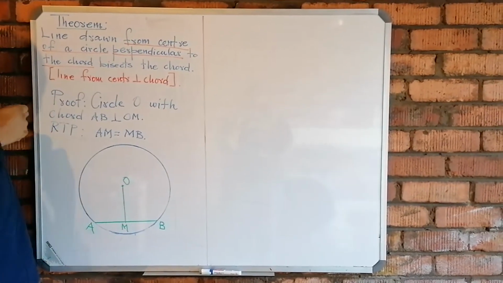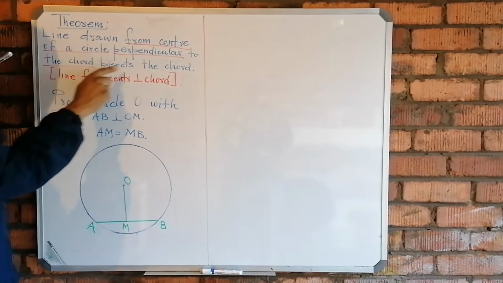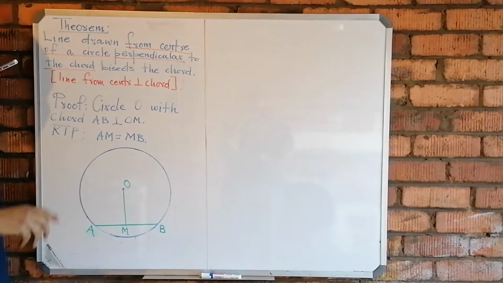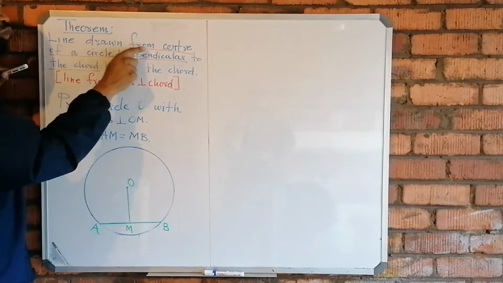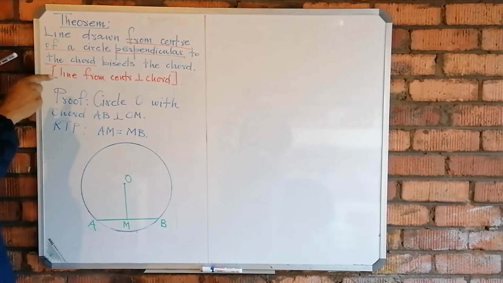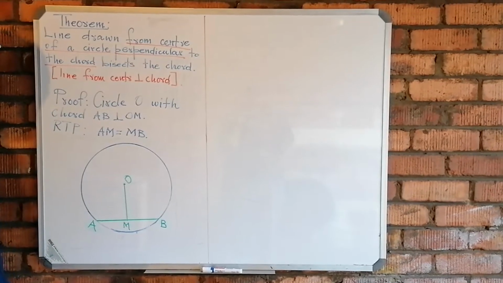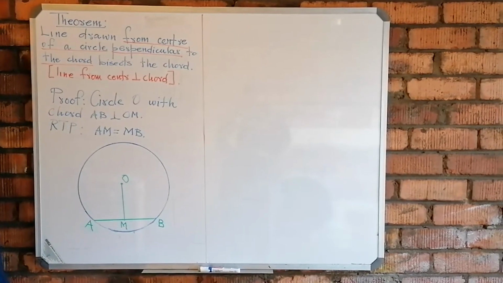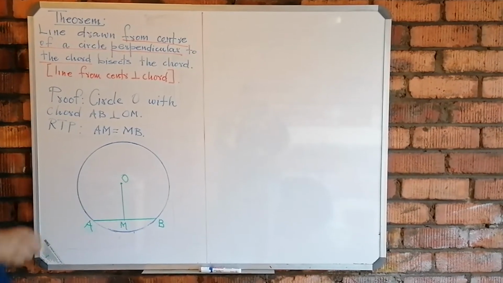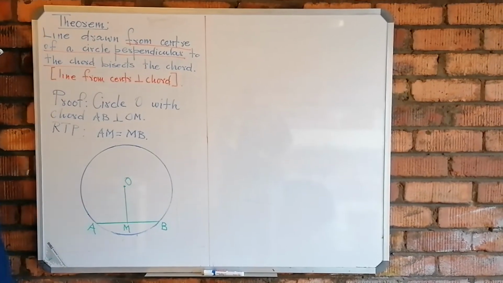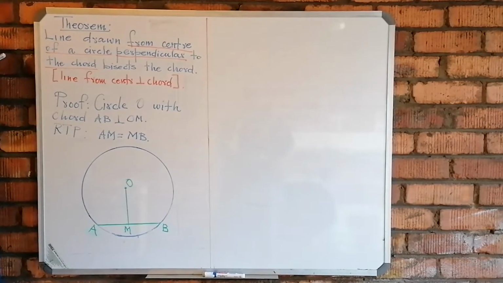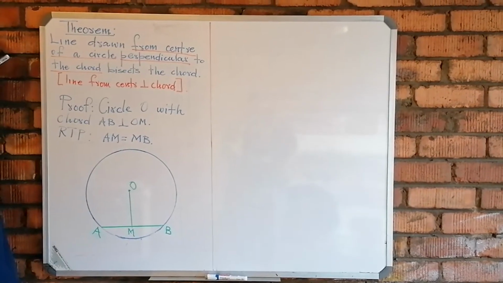The theorem says that line bisects the chord. I want to repeat this again. A line drawn from the center of a circle perpendicular to a chord bisects the chord. Now, when you use it as a reason, that is how you write it: line from center perpendicular to a chord.